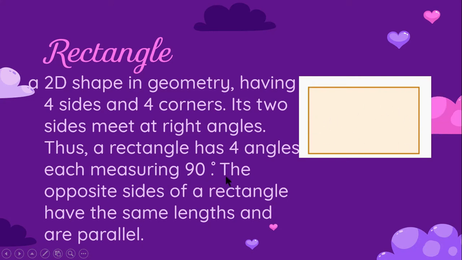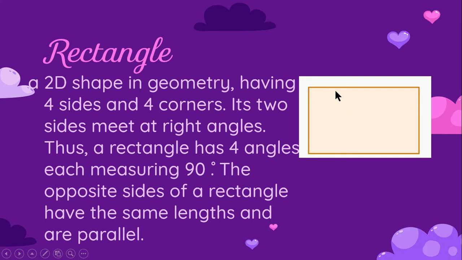According to the property of a rectangle, opposite sides have the same lengths, so the two pairs of opposite sides are equal. So we have one pair of parallel sides and one pair of opposite congruent sides.